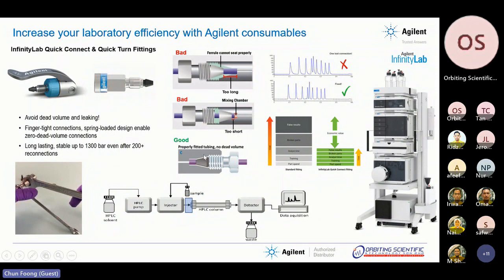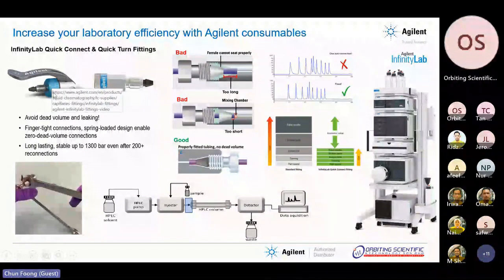A good connection should look like this, meaning the tubing sits nicely right in front of the inlet of the column, with no other space, and everything well fitted into the column connection. If you always need to change the column, it is good to consider a quick connect, quick turn fitting, which doesn't require any tool.